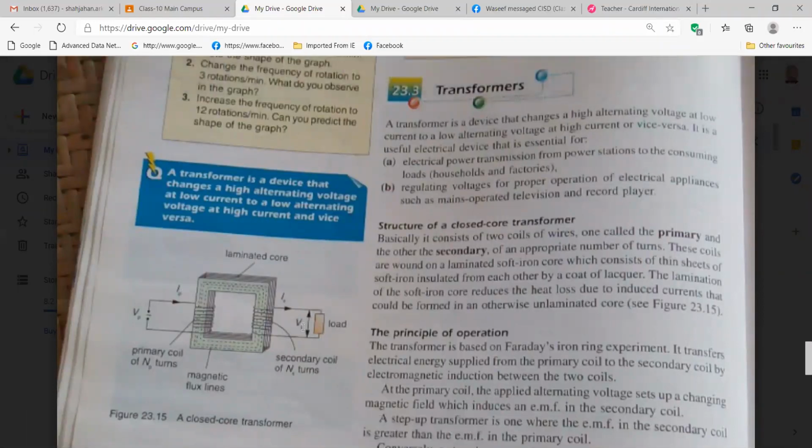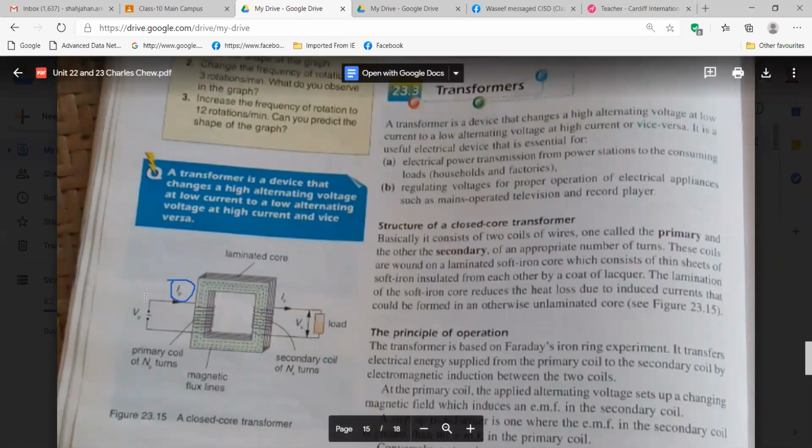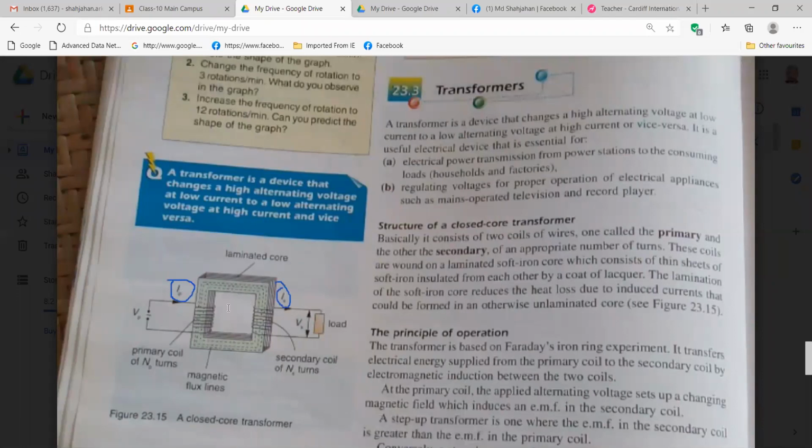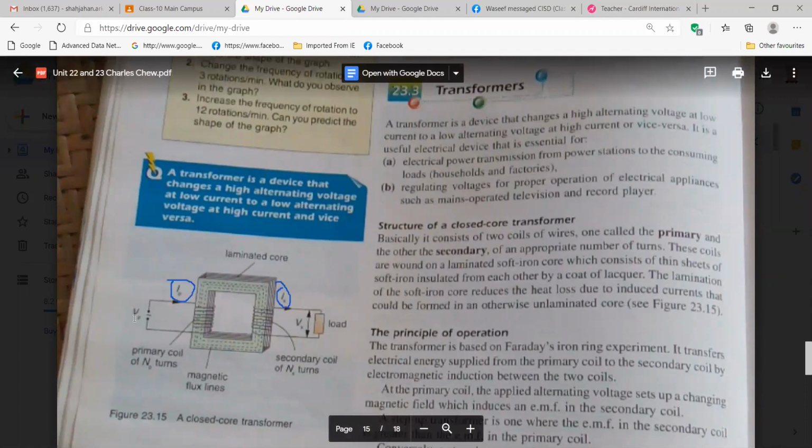Then IS, VS. Current in the primary, current in the secondary. And then VP, VS, NP, NS. P for primary, S for secondary.